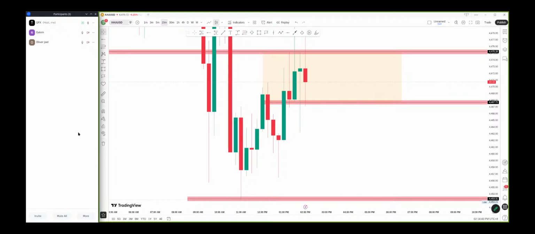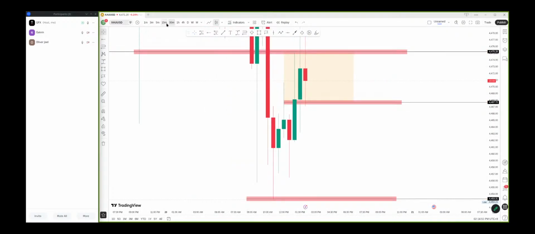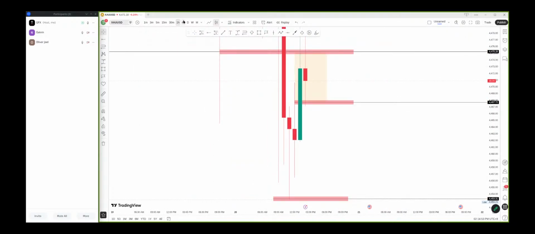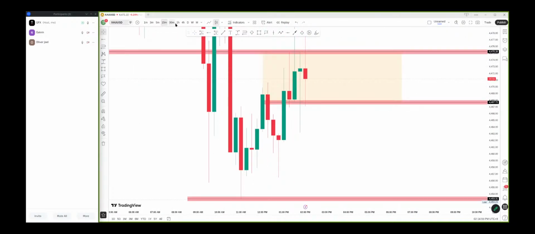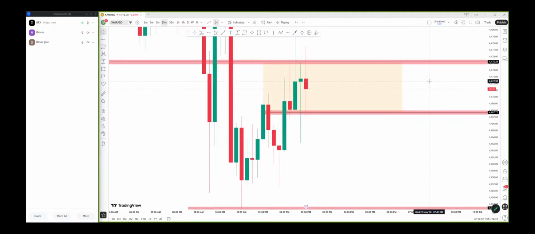Finish in 2 seconds and we are rejecting this. Not good. Yeah, no trade. No trade.